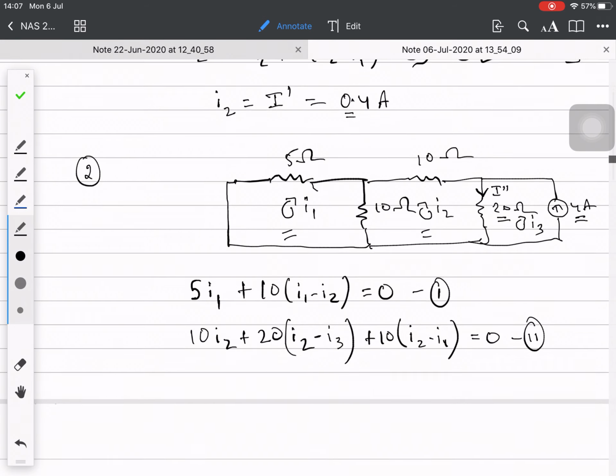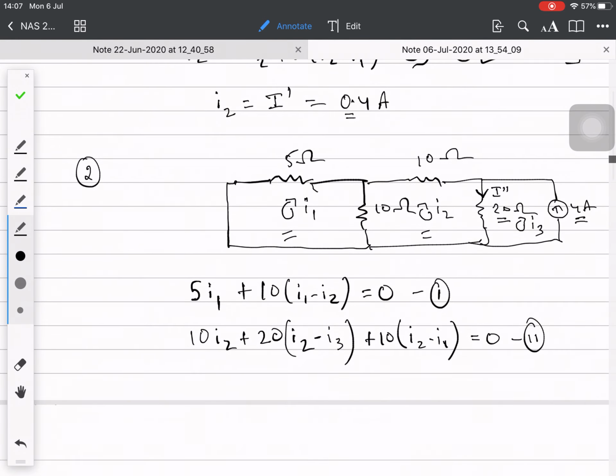Now what will be my third equation? This is also a good practice example for you. Obviously I will need to apply KVL here in this third loop, in this third mesh, but whenever there is a current source, you can never apply KVL. Why? Because a current source resistance is supposed to be infinite. So the potential difference across the current source cannot be found.